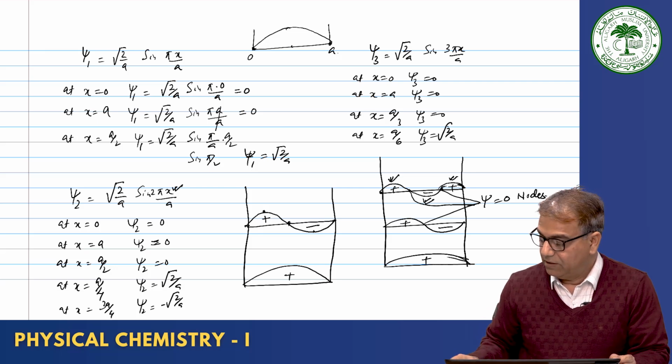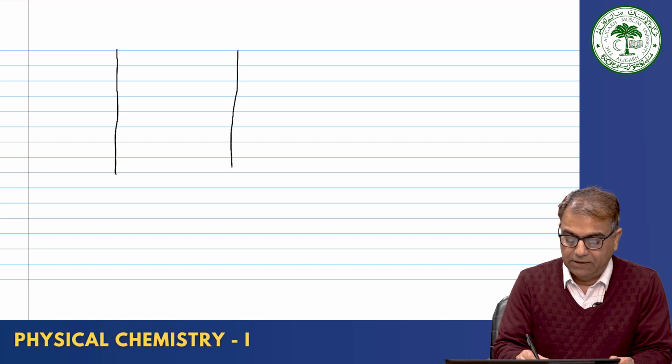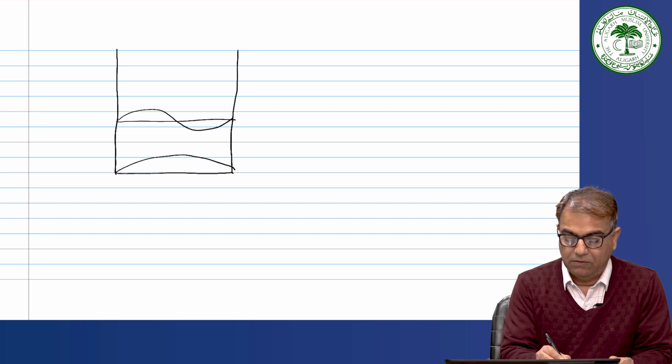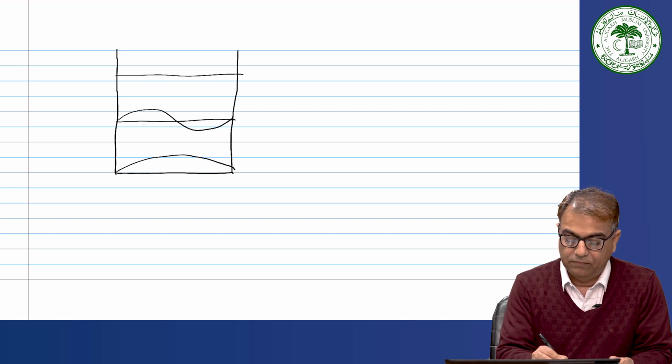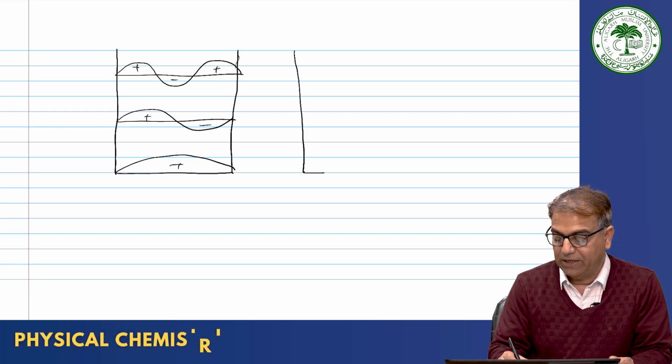And if you go for the plot of the square of the wave function, which gives you the probability, side by side, if you plot it like this one. Okay. So, positive, negative, positive, positive, negative, positive. If you plot the probability, then it is simply the square of the wave function.